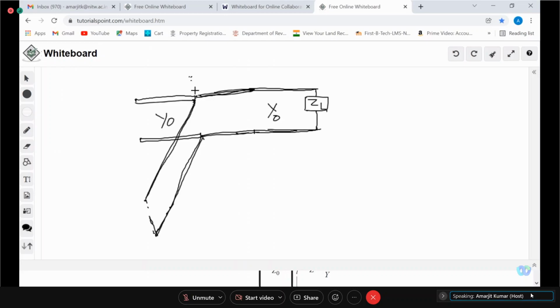So the characteristic admittance is Y naught for this transmission line. We have Y naught here, for this also Y naught, and for the stub also it is Y naught.